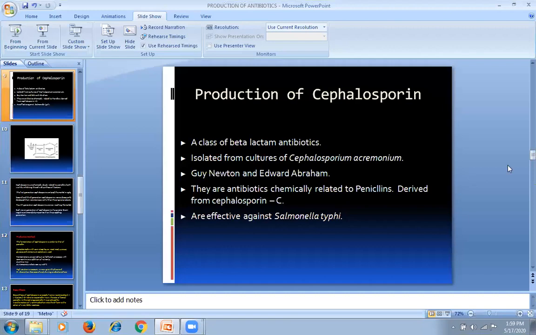So, production of cephalosporins: as I told you, they are a class of beta-lactam antibiotics, and the scientists credited with this are Guy Newton and Edward Abraham. These cephalosporins are antibiotics chemically related to penicillins, derived from Cephalosporin C. They are effective against Salmonella typhi.